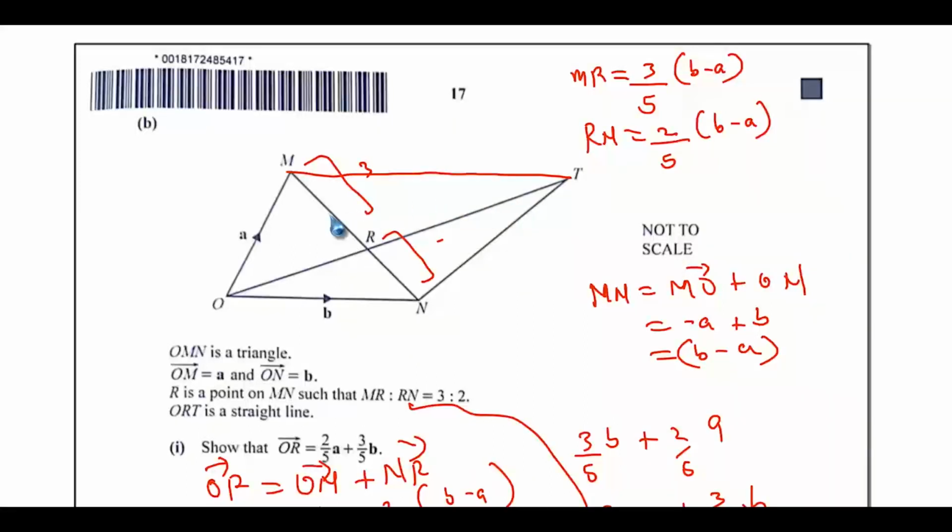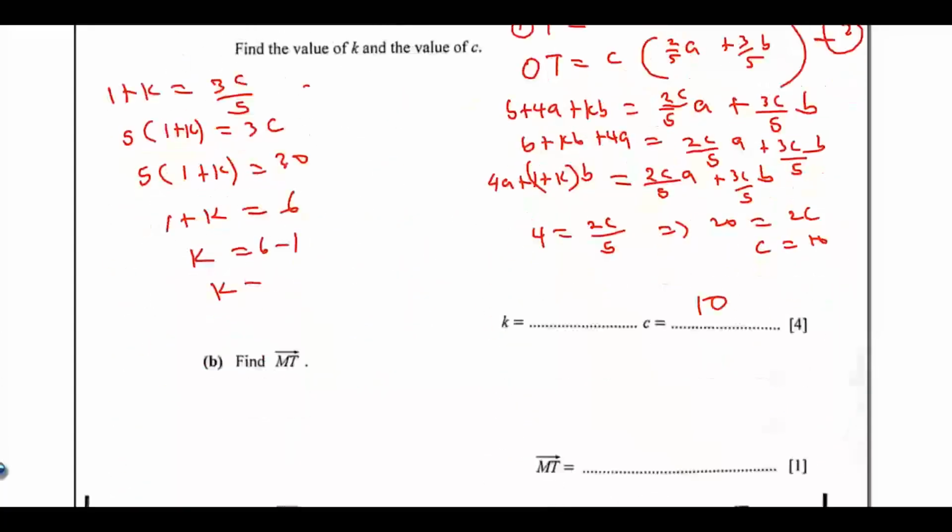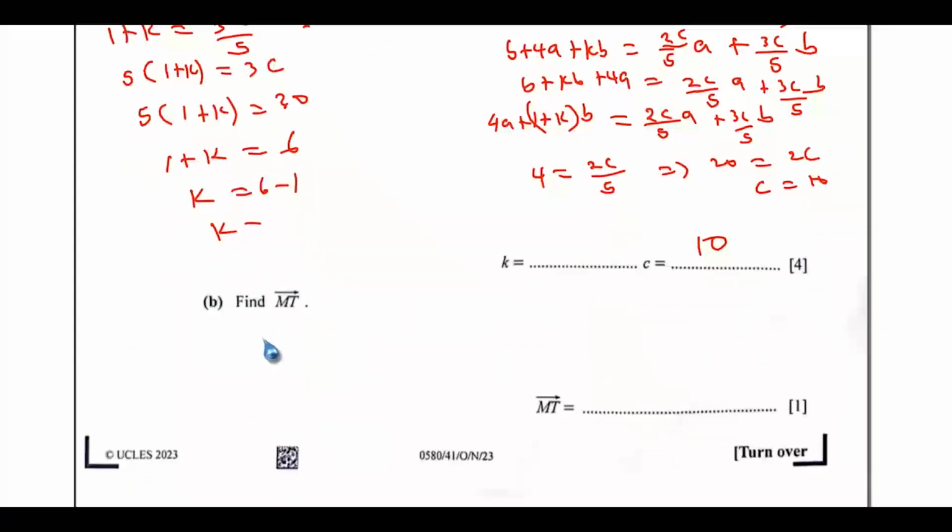Okay, and you could as well take another route. It could be MR plus RT, so you can take that route as well. So let's write the answer here. MT will be equal to vector MO plus ON, then plus NT. So let's key in the values.